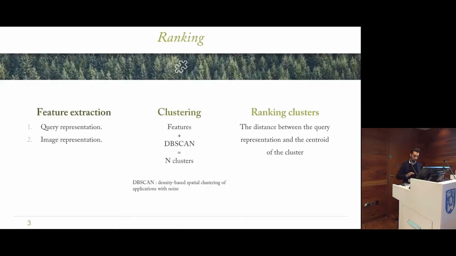specificity. So the first thing we do is some feature extraction in order to have query and image representations that can be compared and used to measure similarity. Once we have these representations, we use the DBSCAN algorithm to find several clusters in the feature space.